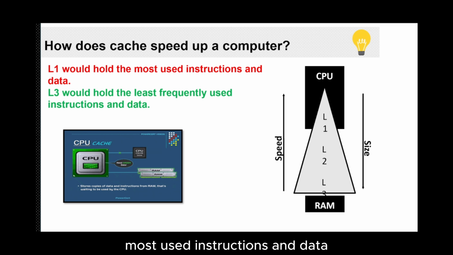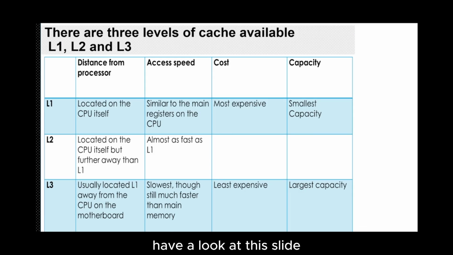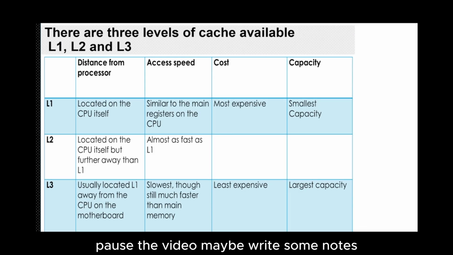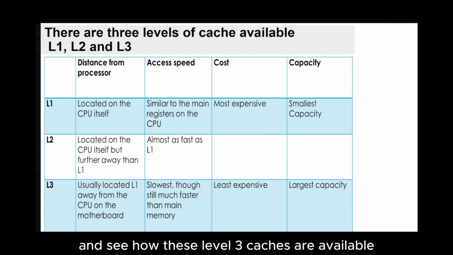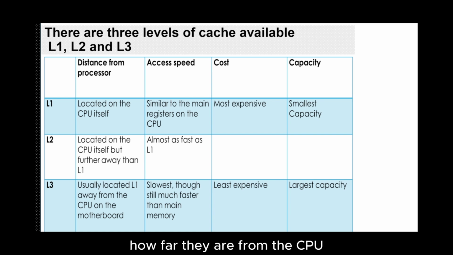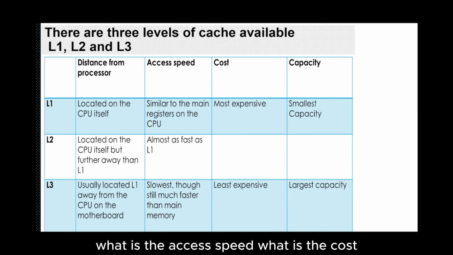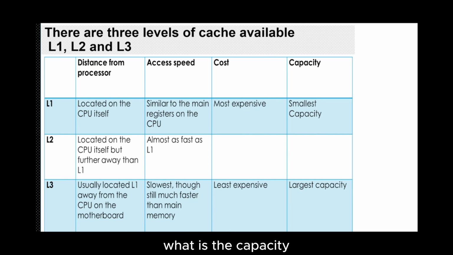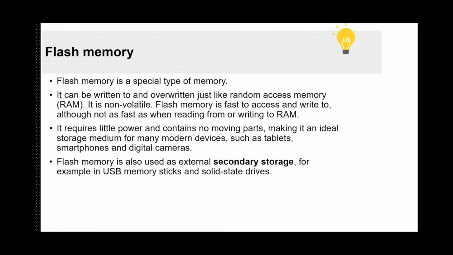Level 3 would hold the least frequently used instructions and data. So have a look at this slide, pause the video, maybe write some notes, and see how these level 3 caches are available, how far they are from the CPU, what is their access speed, what is their cost, what is their capacity.